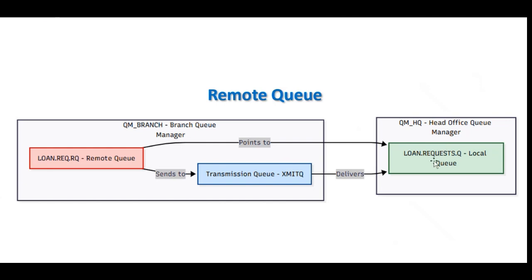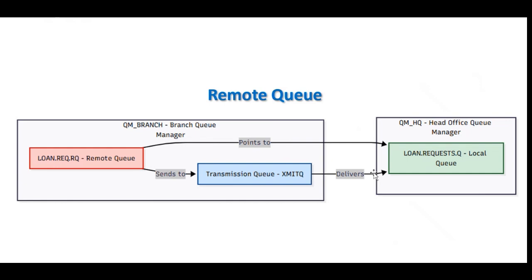So out of all those applications, loan processing application. So remote queue, before we understand what is in this architecture, in this workflow diagram, let us understand what is the purpose of a remote queue, why it is used, in what scenarios it is used.